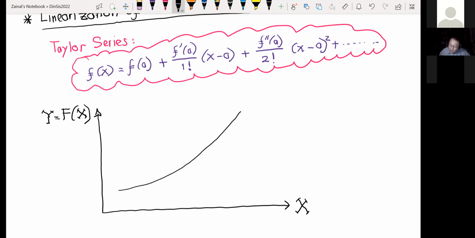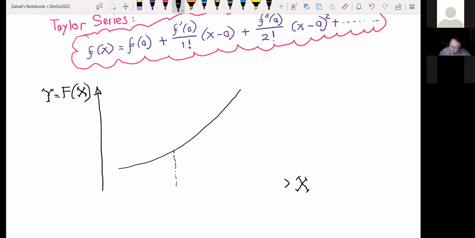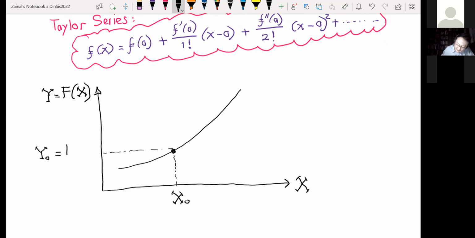We want to linearize around x0. Around this point we want to linearize. So this must be y0, which is the same as f(x0), of course.